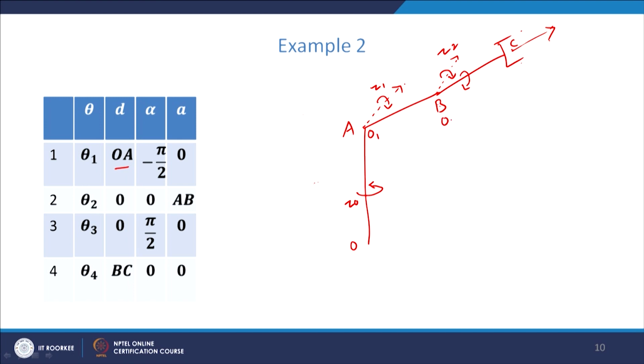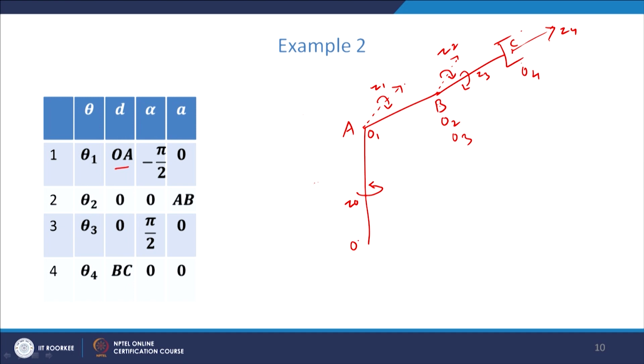So, the point B is the origin O2, and the point B itself is the origin O3, because Z2 and Z3 both of them are intersecting at the point B, and Z3 and Z4 are intersecting at all the points. So, a suitable point is selected, that point is the end effector position C, called the origin O4.